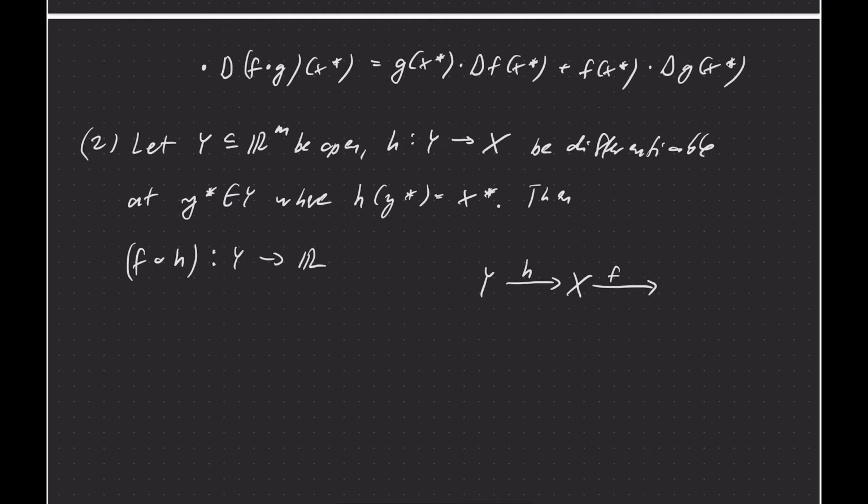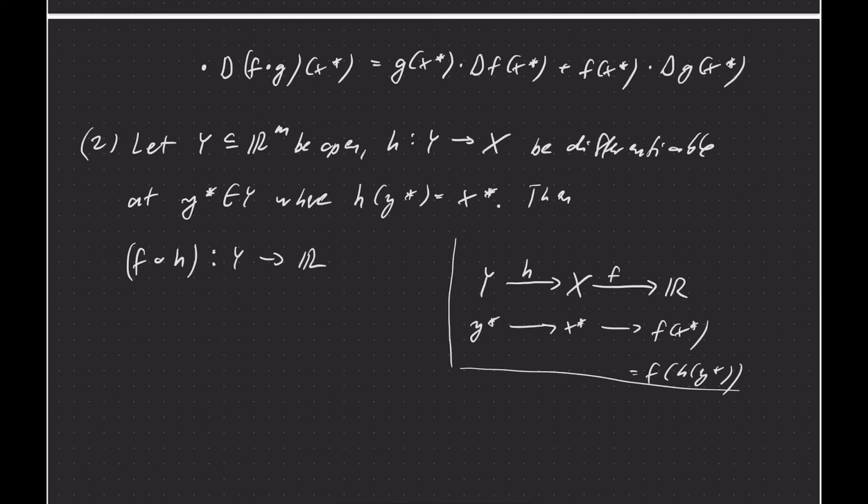And we assume that the point x star would be somewhere in the image of h. And then we have the function f that maps this result to R. Okay, and remember that point x star that was somewhere here in capital X. We had that point y star that would be mapped to x star, and then f would map that to some value f of x star. Or in other words, f of h of y star.